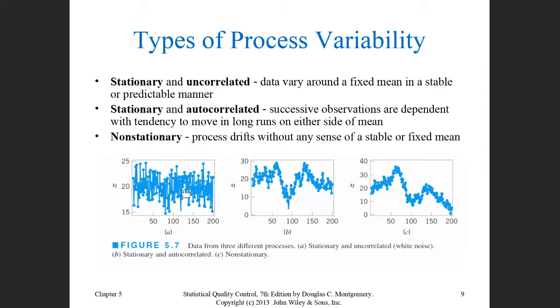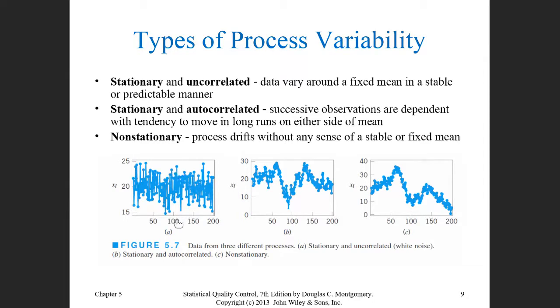The common thing between them is that they all have variability. The difference is the type of the variability. We have 3 types of variability, or we can first divide them into 2 types, and then one of them has other branches. The 2 types are the stationary and the non-stationary.